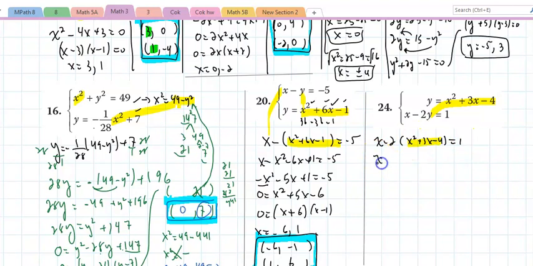Now I'm looking at x minus 2x squared minus 6x plus 8 equals 1, negative 2x squared minus 5x plus 8 equals 1, and I'm getting 0 equals 2x squared plus 5x minus 7, if I'm not mistaken. Let me make sure all of these numbers are right. 2, that's a 2, that's a 4, that's an 8, that's right, minus minus, so that's a minus 5.